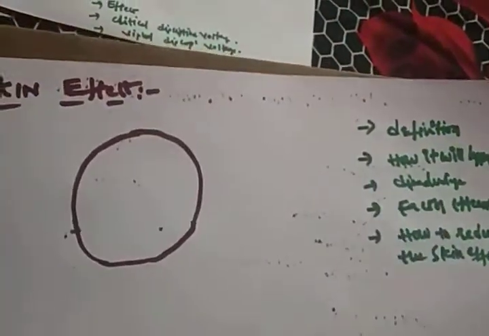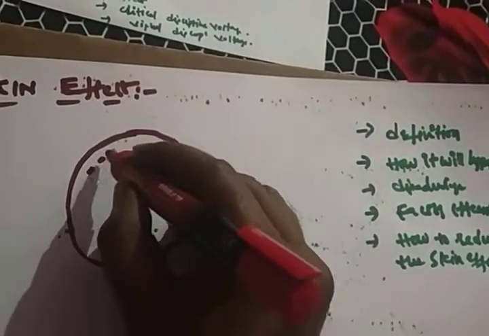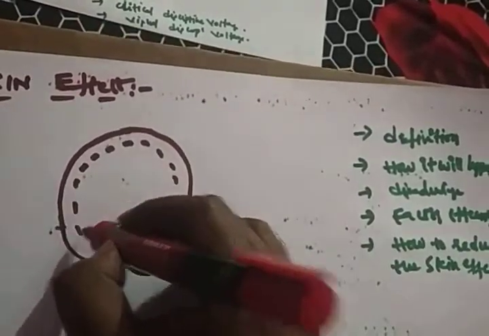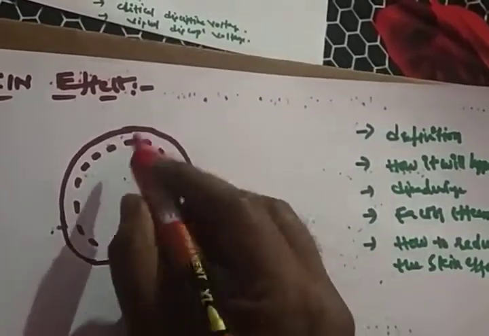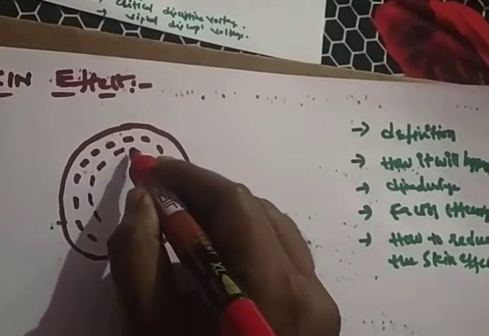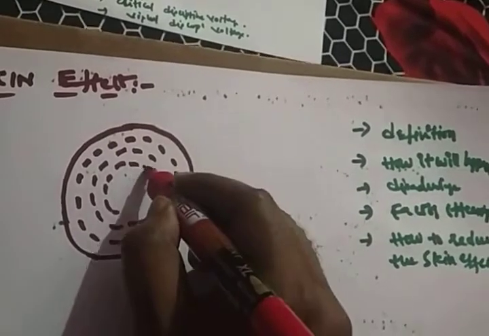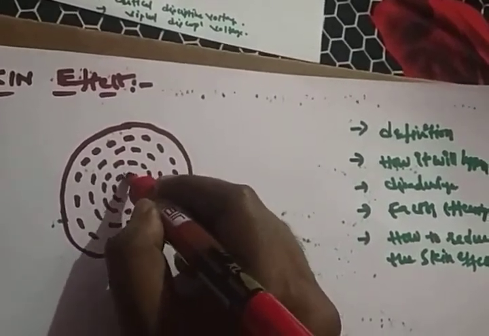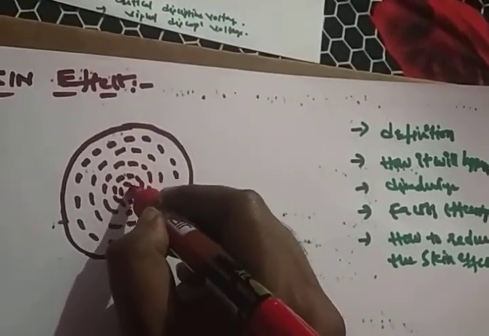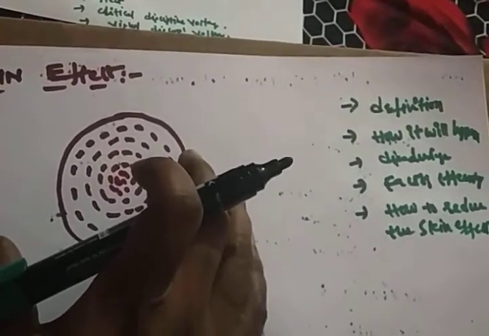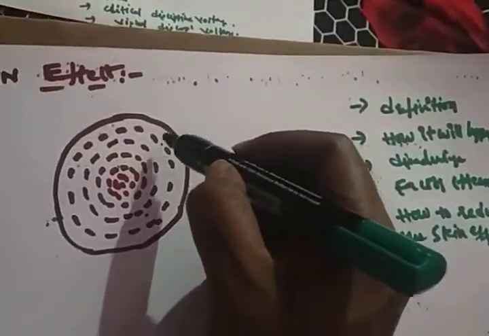Suppose you assume these are the different layers. So this is the cross-sectional area of a conductor. Each and every conductor has different layers. So these are the layers, right?